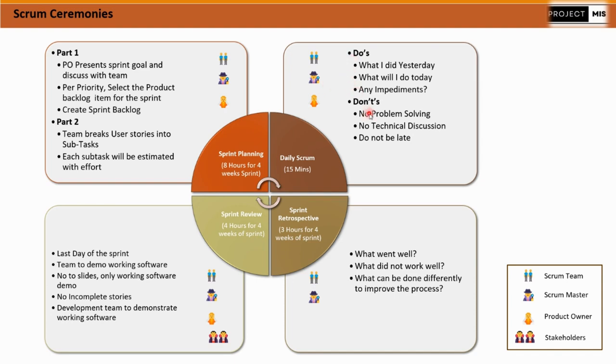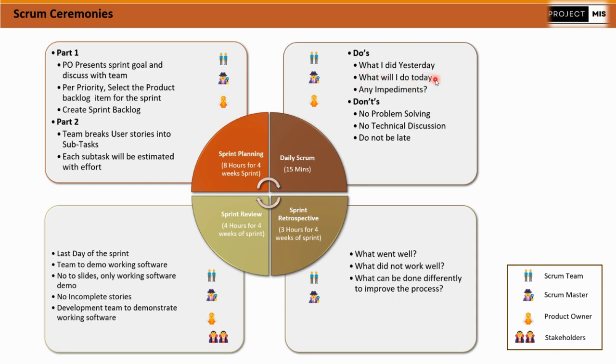Do's and don'ts. What should we be talking about in this particular call, the daily Scrum? We should be very focused. If I am giving the update as a developer, I should talk about what I did yesterday, which communicates what I completed yesterday. What will I do today?